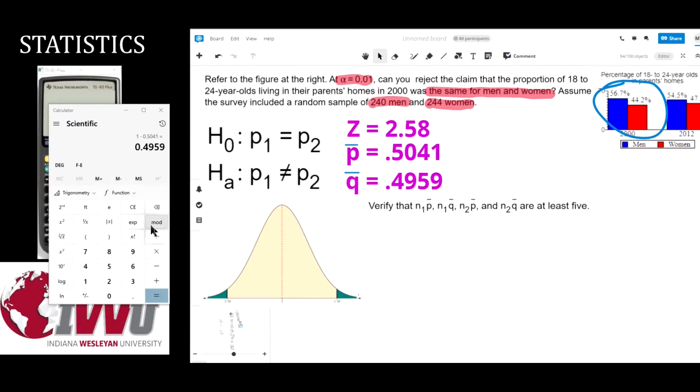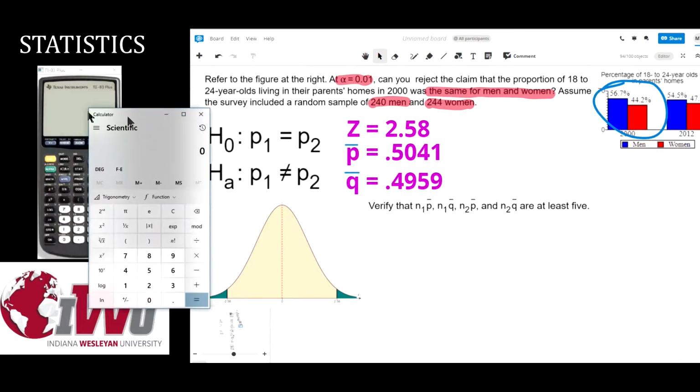Now, I'll just do it quickly here, but we have 440 men, 244 women. When we multiply by these, it is obviously going to be well more than 5, all of them. But just for argument's sake, let's show you. 0.5041 times 240 is 120, and 244 times the 0.5041 is 123.